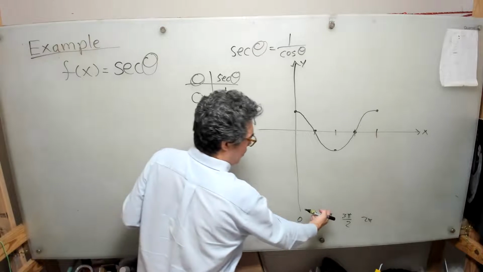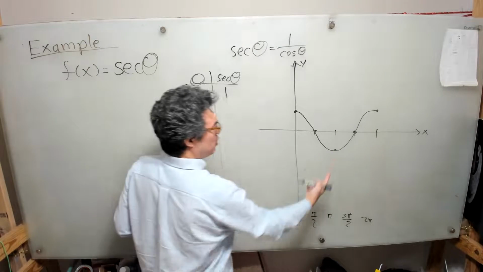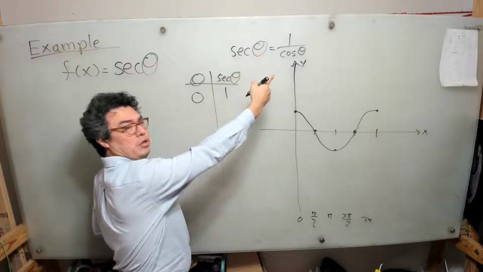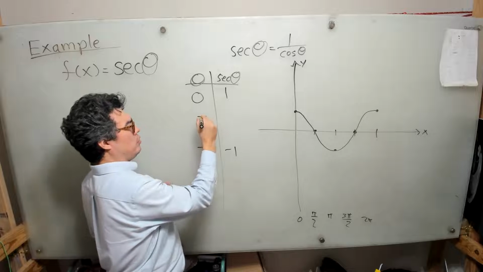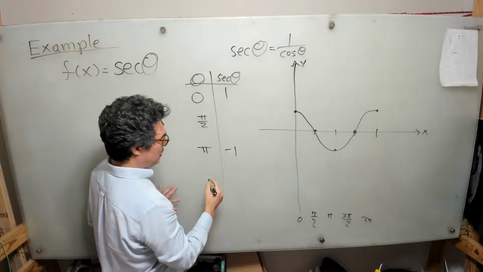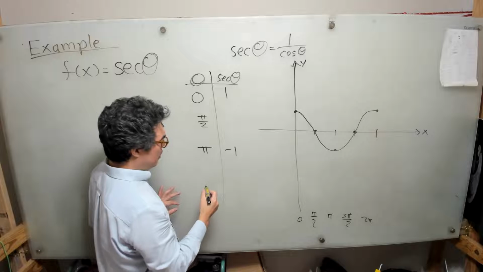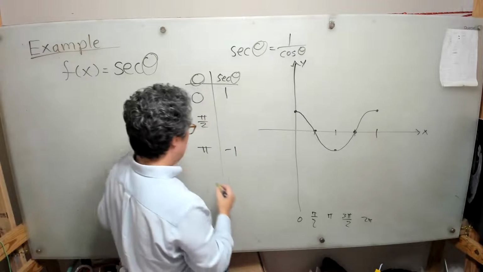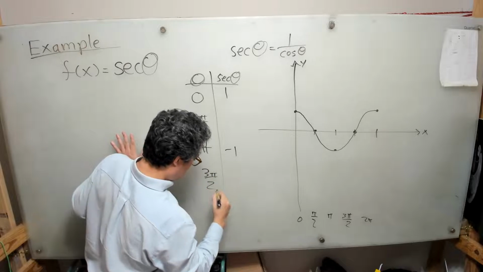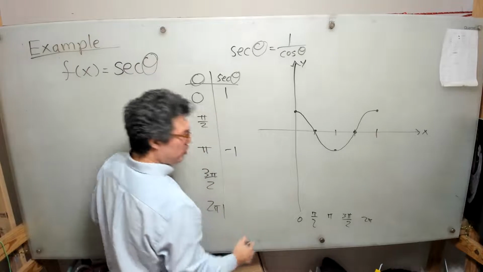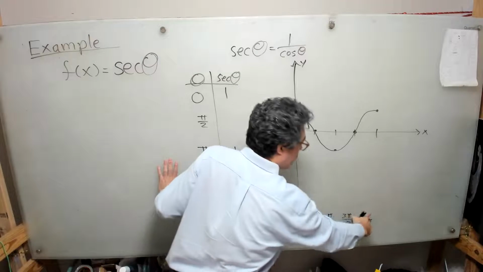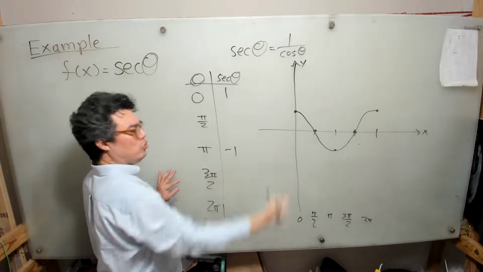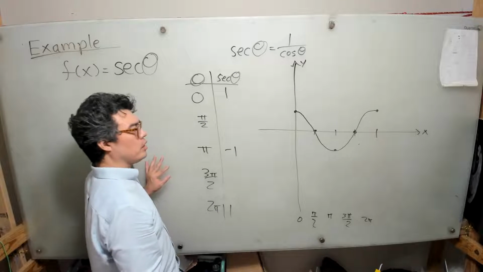Similarly, at pi, the cosine of theta is -1. So at pi, 1 divided by -1 will just be -1, right? And you can see that at 2 pi, the cosine of theta is 1. So again, 1 divided by 1 is 1. So at 2 pi, the secant of theta is also 1.